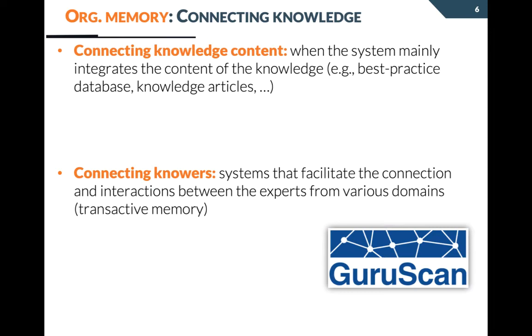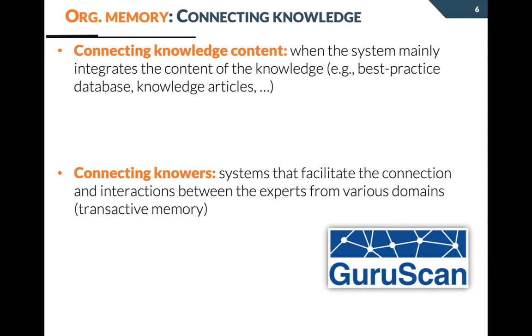A group of them mainly connect the knowledge content. For instance, there are systems that store many best practices, and through certain links or hyperlinks they connect these knowledge elements to each other. Thinking about Wikipedia, you can think of these kinds of systems: if you have an article, within that article there are a lot of cross references to the other articles.